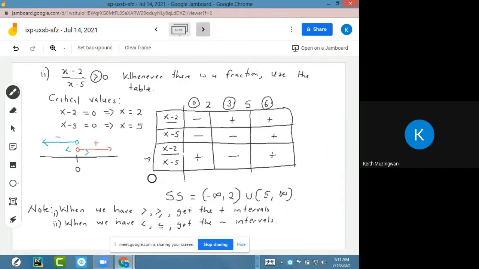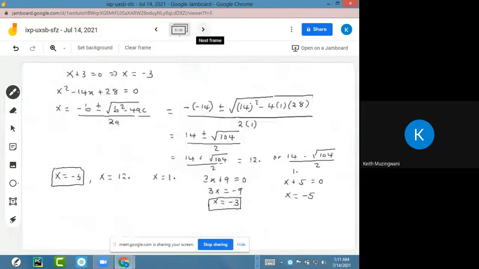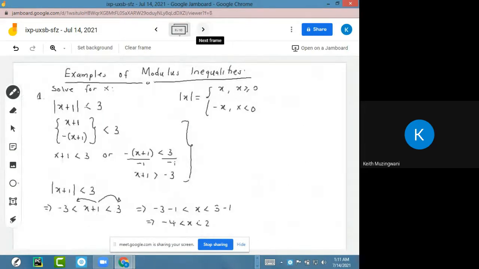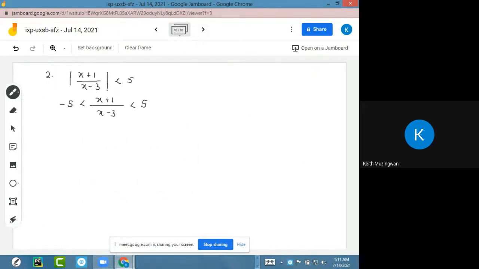Meaning that you break it in pieces. So you say, I have -5 less than x plus 1 over x minus 3, and x plus 1 over x minus 3 less than 5.